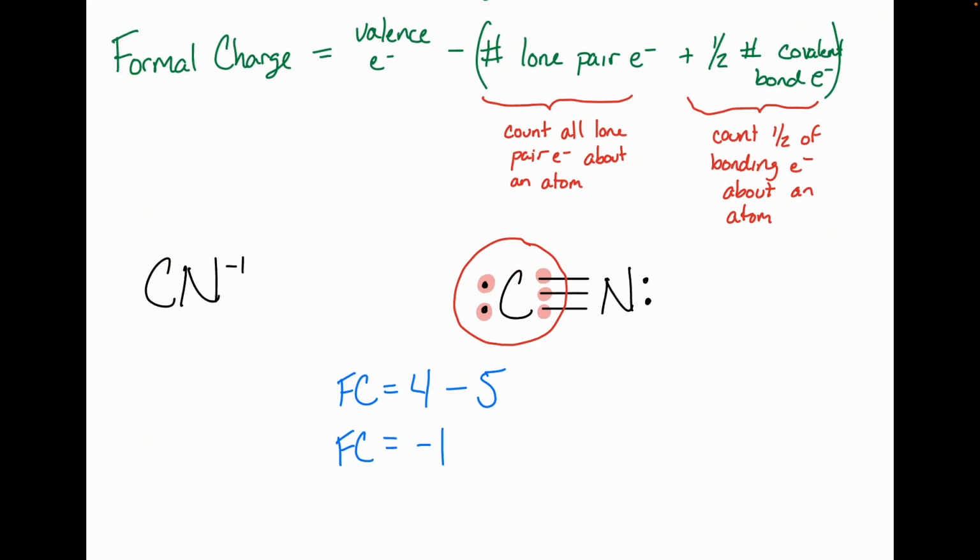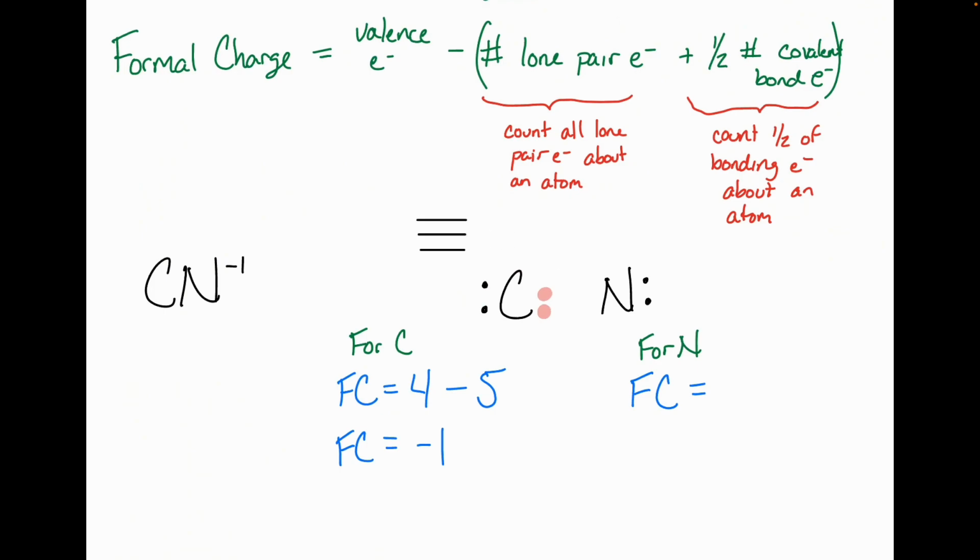We can continue. We're going to do our formal charge calculation for nitrogen. So this one's for carbon, and we're going to do another one for nitrogen. Let me get rid of my little markings here. All right, so again, I'm going to look at the periodic table and figure out how many valence electrons the nitrogen atom has.